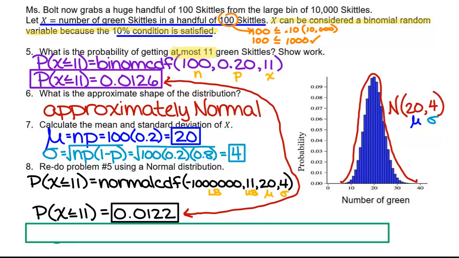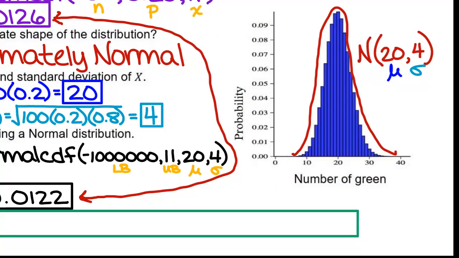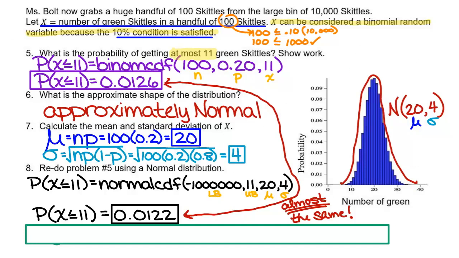This is 1.22%. Is that a very big difference? No. For all practical purposes, these are basically the same. These are almost the same.